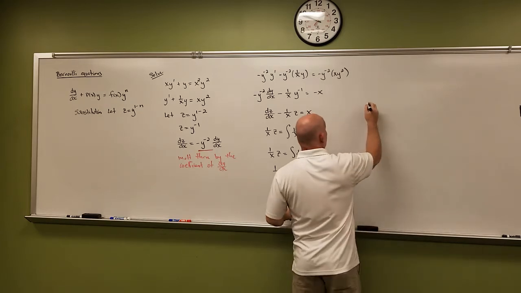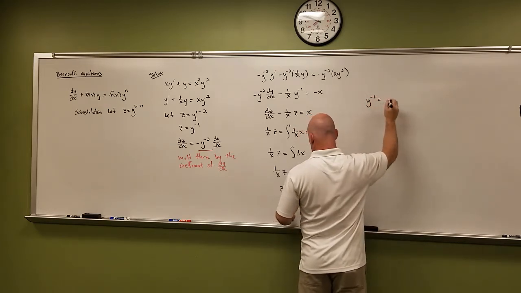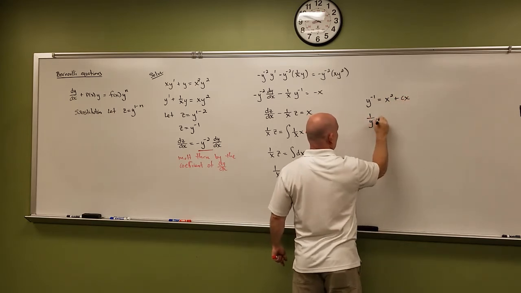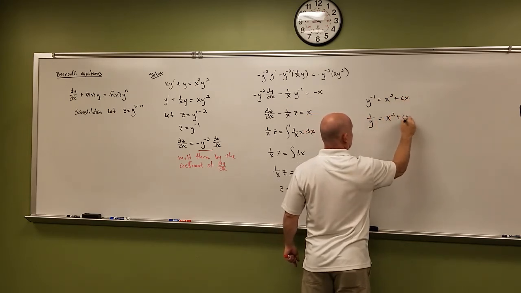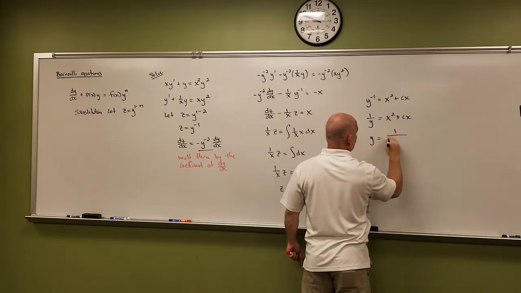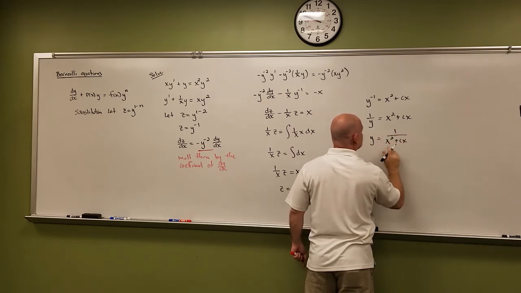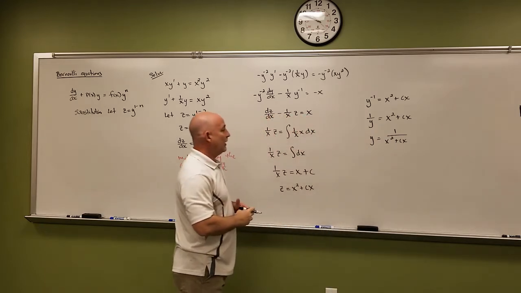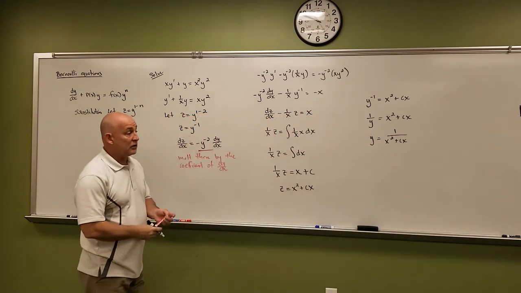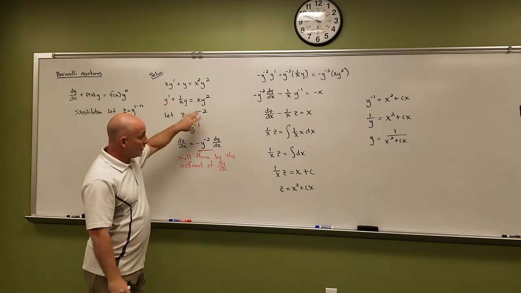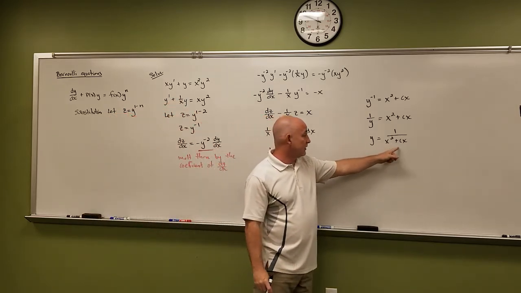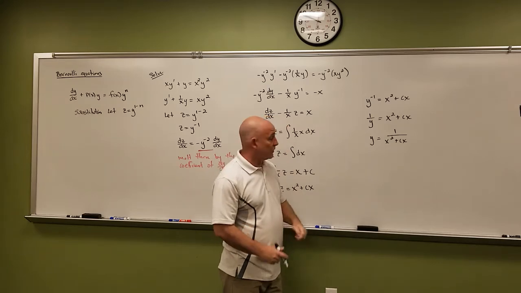And we know y to the negative 1 is equal to x squared plus cx, or 1 over y is equal to x squared plus cx, or y is equal to 1 over x squared plus cx. All right, so there is our solution. Now that we have what y equals, if we were given any initial conditions, now is when we would apply the initial conditions to figure out what our arbitrary constants were.